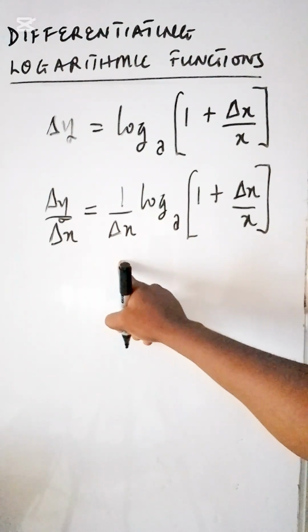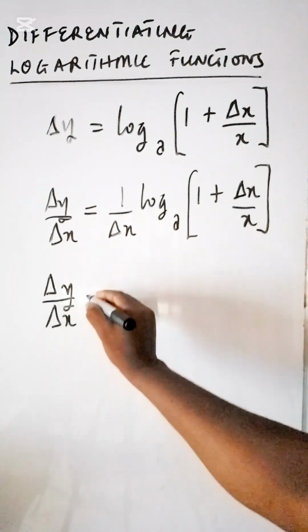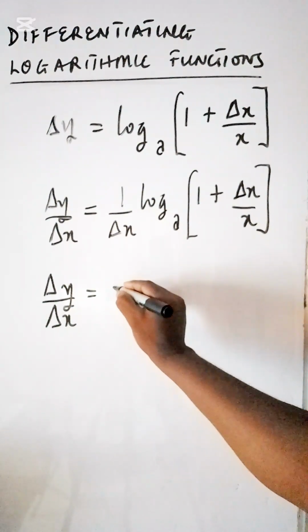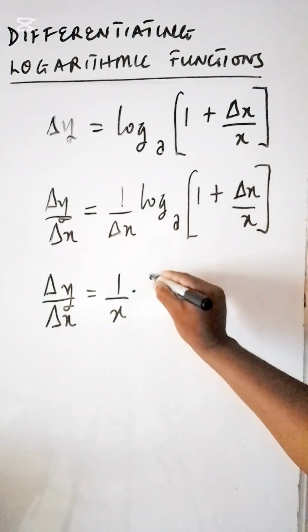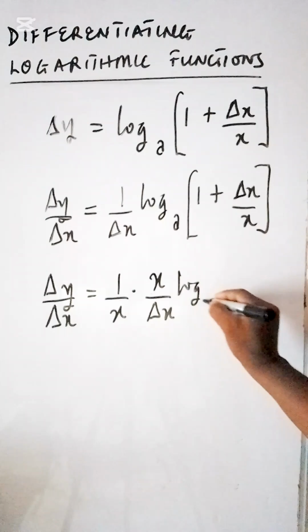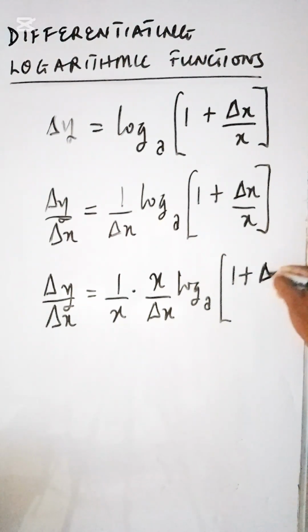Here we are going to simplify further by making an introduction that helps us simplify the problem better. So I'm going to put here 1 over x times, in place of this, x over change in x. And you will see why that is needed eventually. So this will be plus change in x over x.